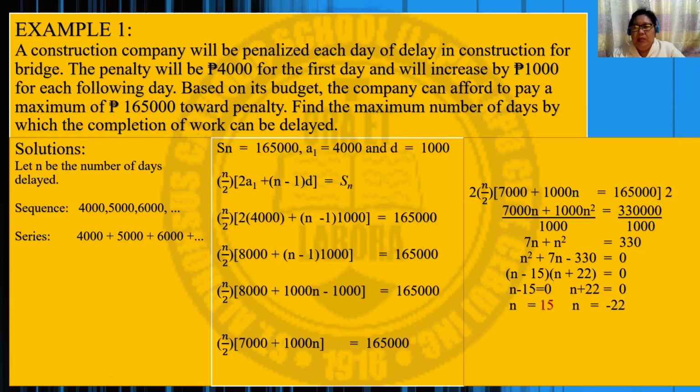So n is equal to 15 and the other is n is equal to negative 22. Since n will represent the number of days delayed, we are going to use n is equal to 15. Therefore, the answer is there are 15 days by which the completion of work can be delayed.